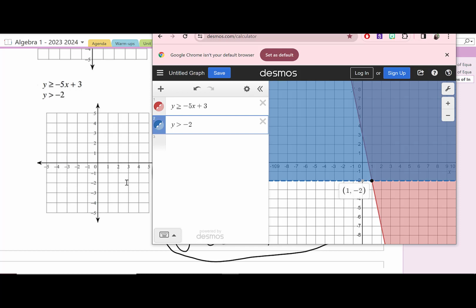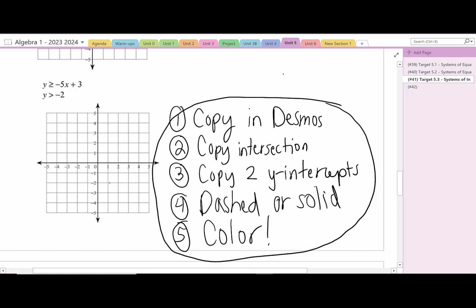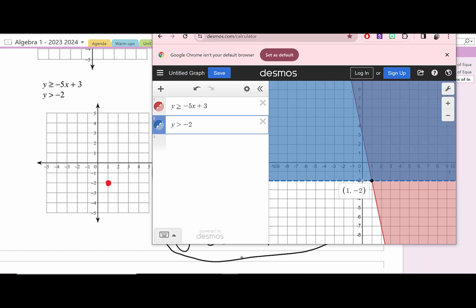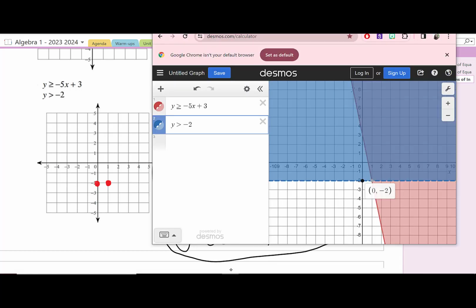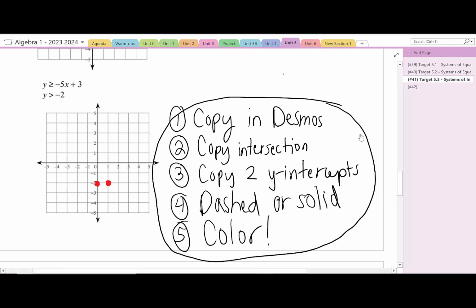So I'm going to put this 1, negative 2. All right, next, there's a point right here that I can use. Hay un punto aquí podemos usar 0, negative 2. And then the last point is 3. El último punto es 3.